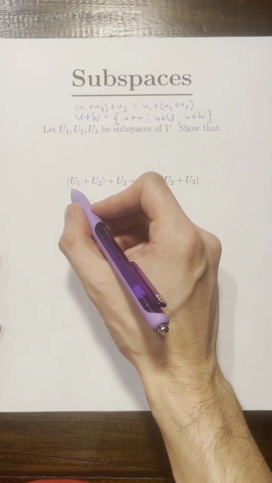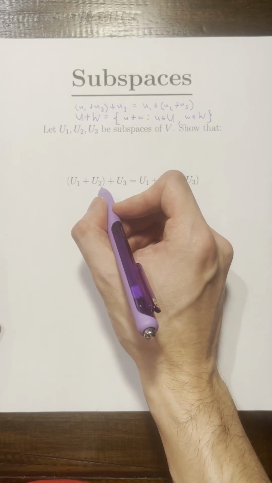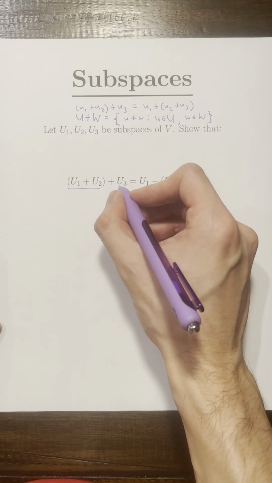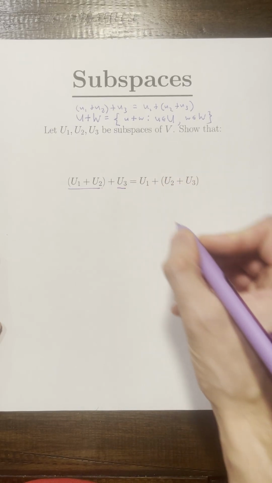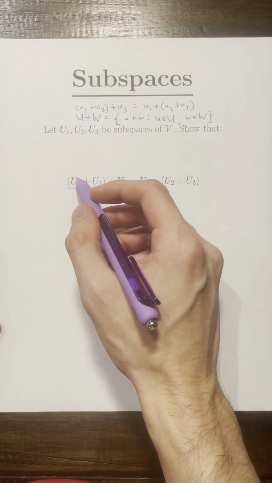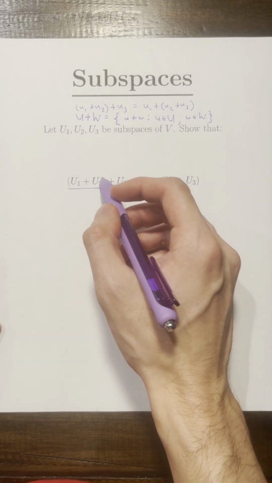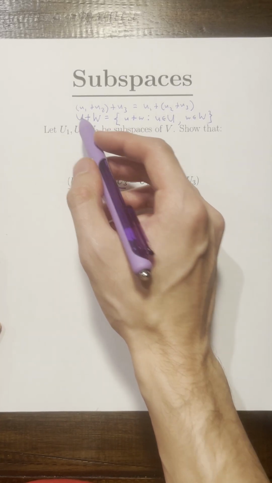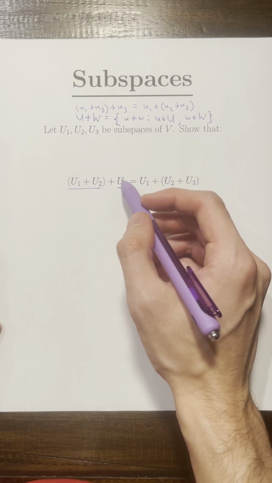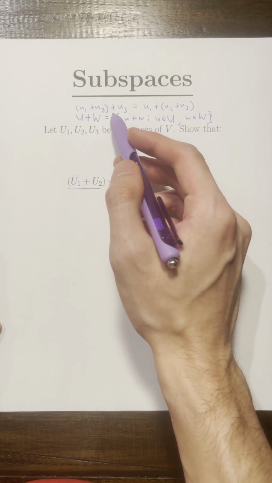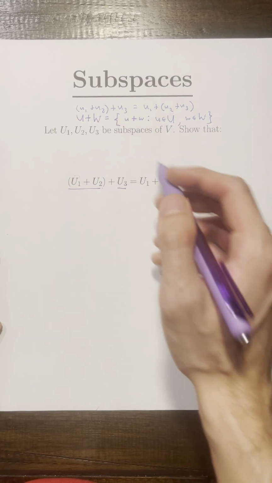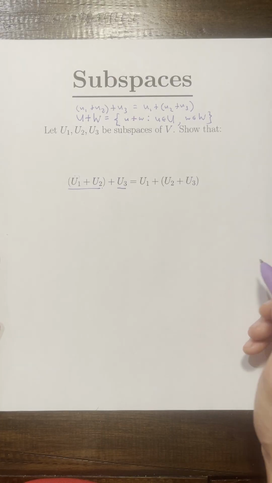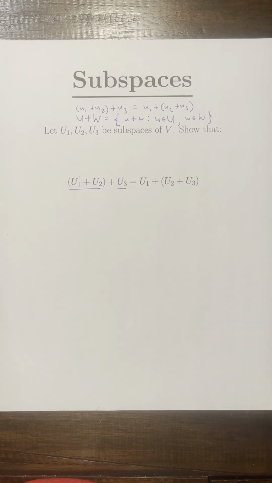Well, since this is a subspace and this is a subspace, we can plug u1 plus u2 in for u and u3 for w with the definition. Okay, let's go ahead and plug it in.